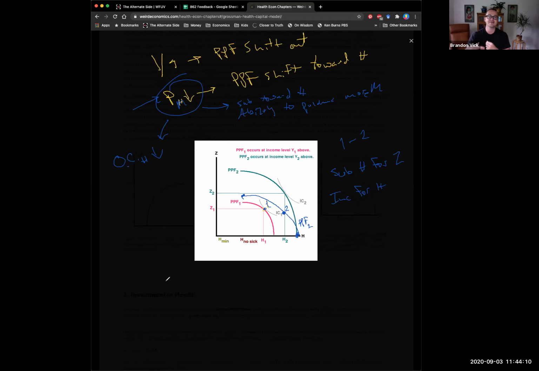When the price of a gym membership goes down to $10, that opportunity cost isn't as high anymore. The opportunity cost goes down. I'm thinking, okay, maybe I'll eat out less with my friends. I'll take $10 and I'll shift it towards the gym membership. I can still eat out with my friends some of the time, but I'm going to do a little bit less of that. My opportunity cost of the gym membership has gone down.